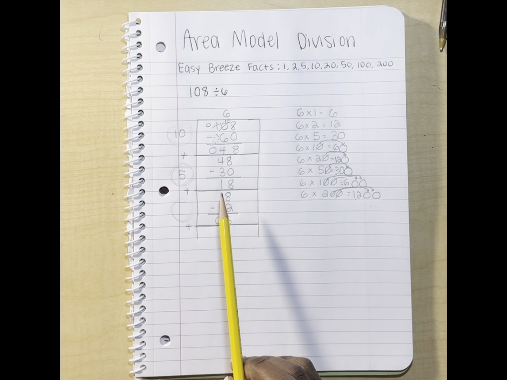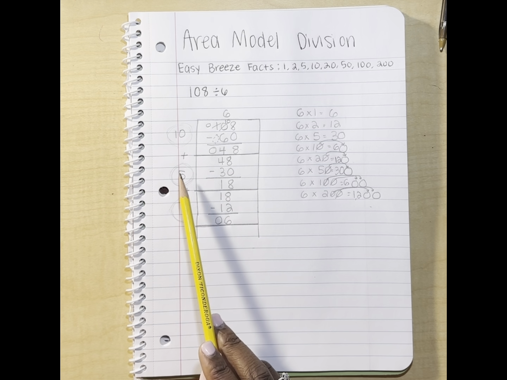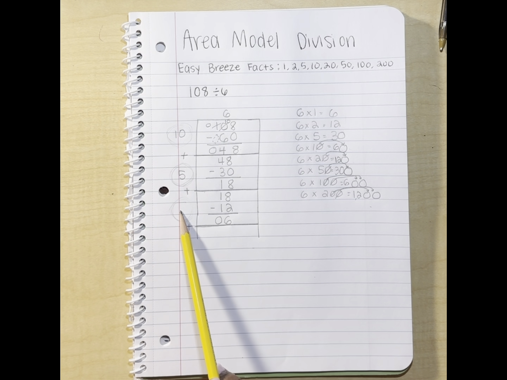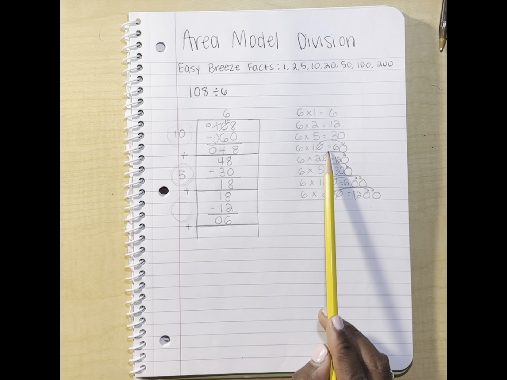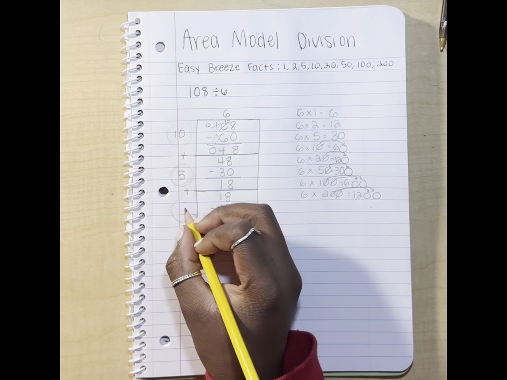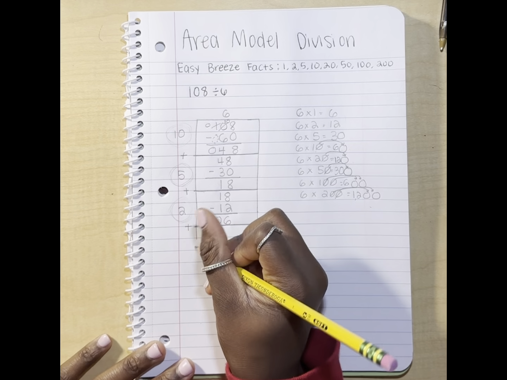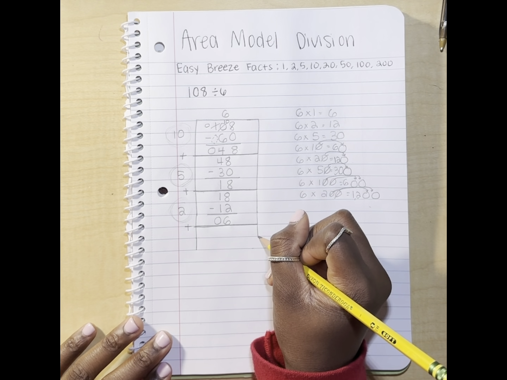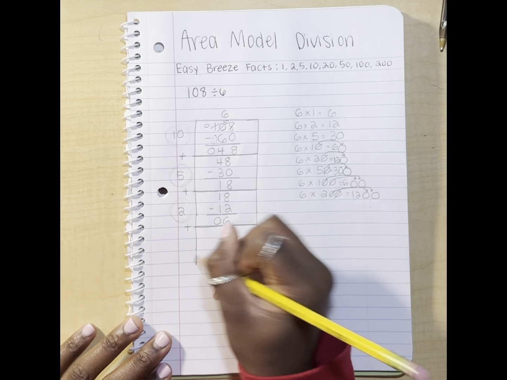For the other ones, we have 6 times 10 is 60, and 6 times 5 is 30. So this time, 6 times what number is 12? Again, go on this side, find 12. It's 2. All right, we're going to keep going, starting again with what I left off with. This time it's a 6.